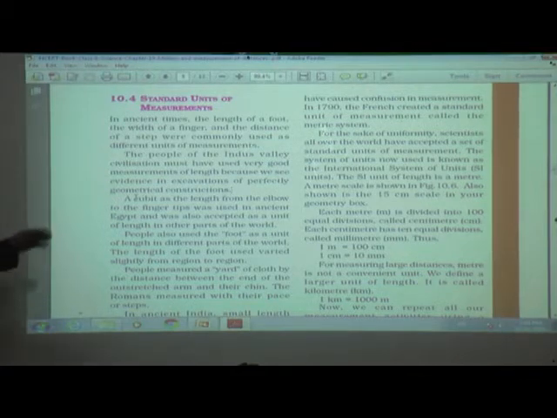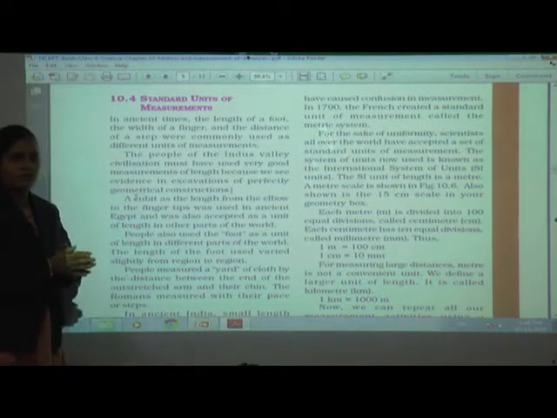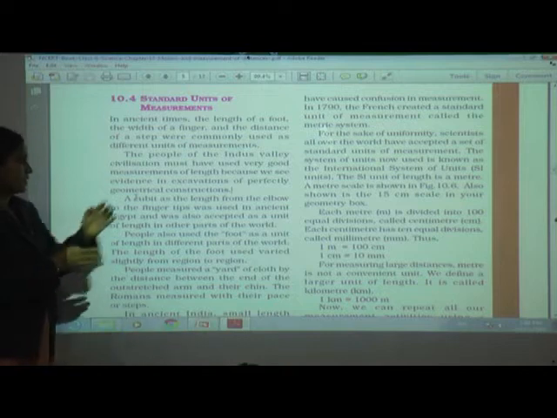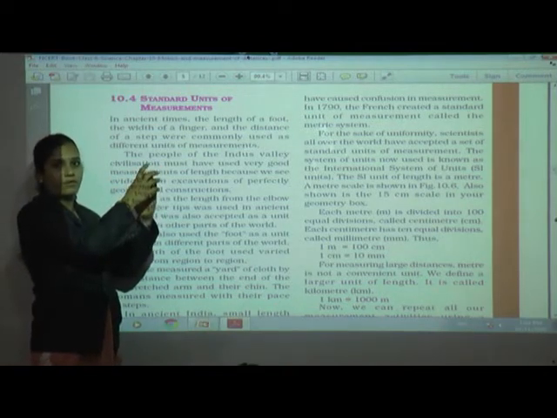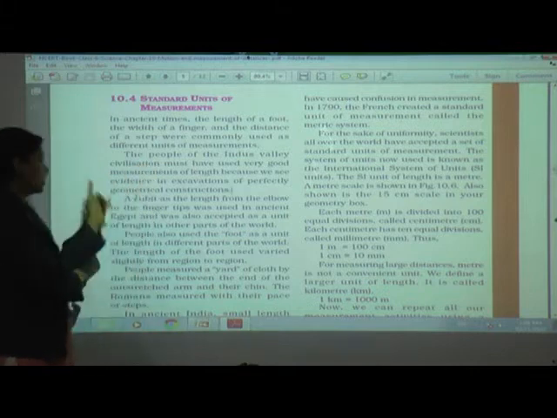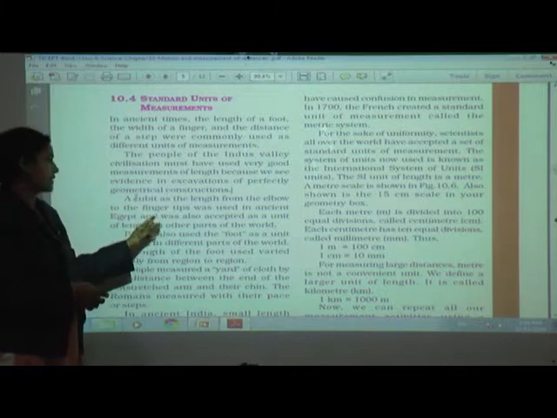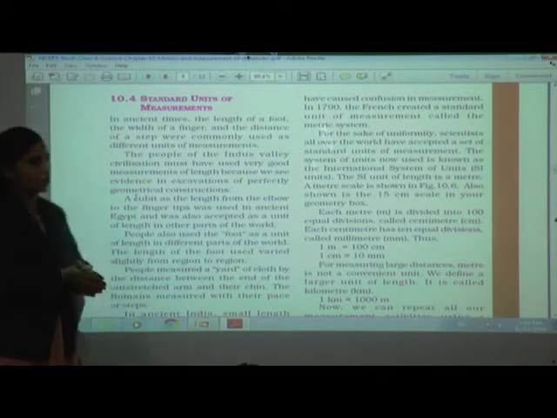So this is used in other parts also. This elbow and the tip of a finger, this one is a cubit unit. In ancient time, Egypt invented this, and this was accepted in other parts of the world also.